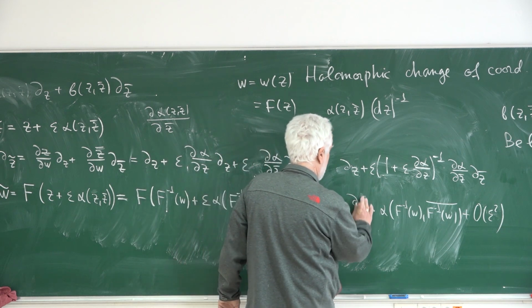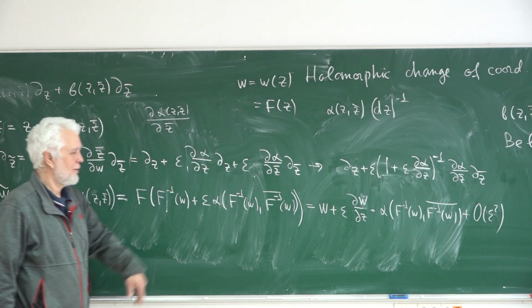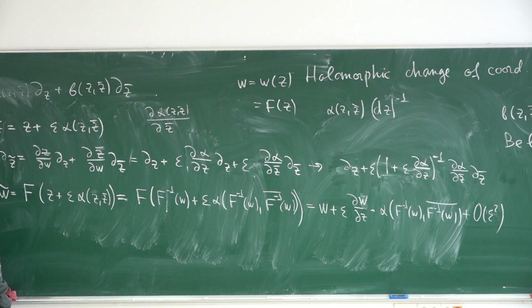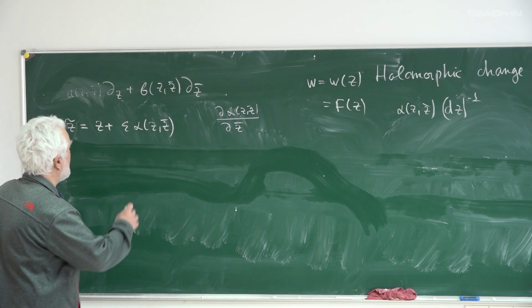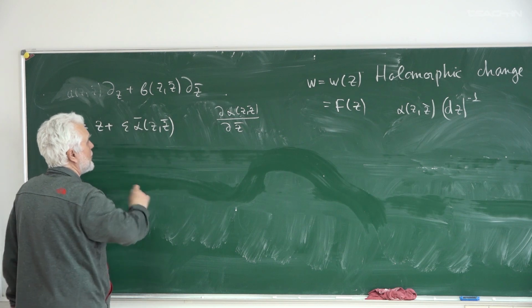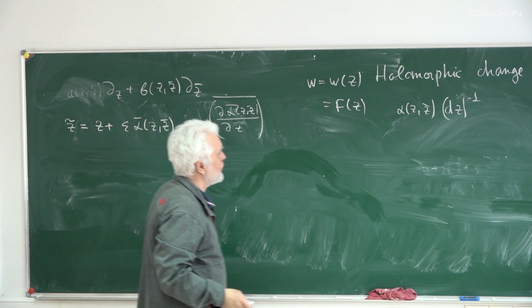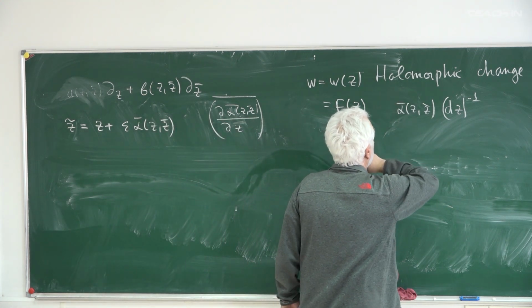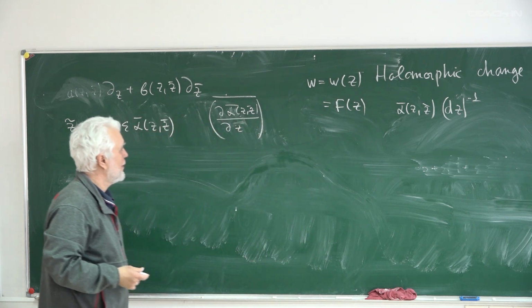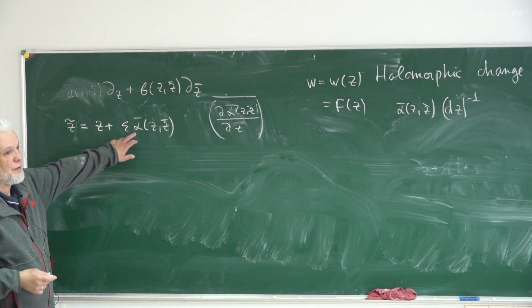Okay, dw. You see, we have this form of transformation law. Maybe you can write alpha bar. Let's do it this way.